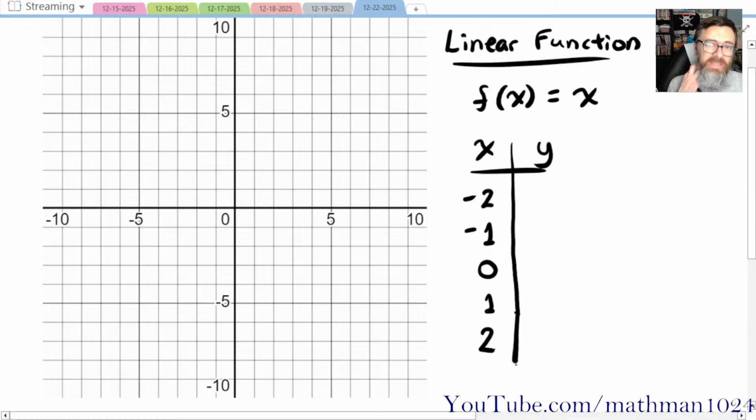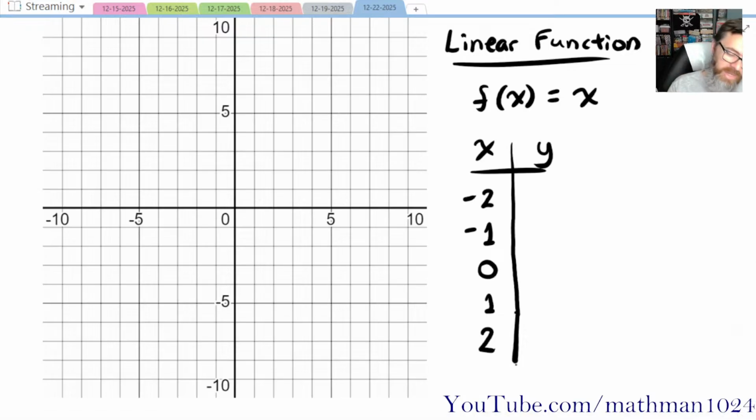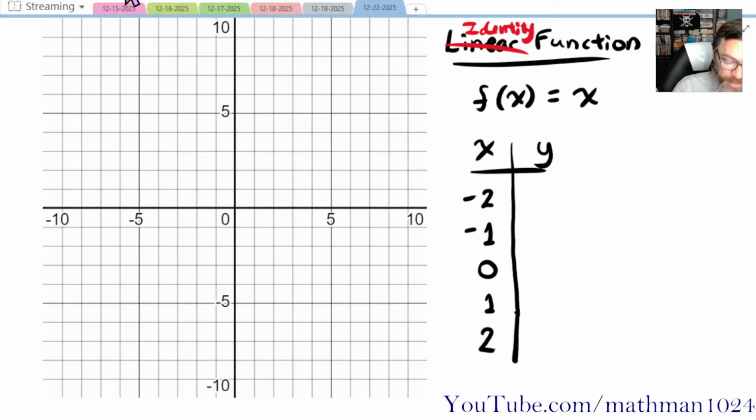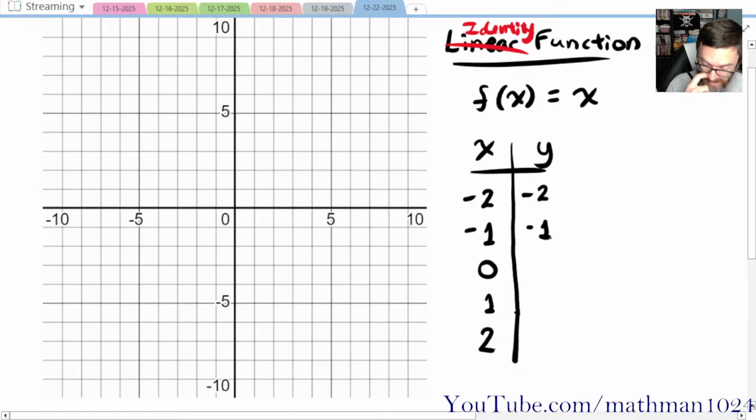Now, this is a linear function, and really, I guess we could say this is the identity function. The identity function means what you plug in is exactly what you get out. So you plug in -2, you get out -2. Plug in -1, you get -1. 0 gets you 0, 1 gets you 1, and so on.